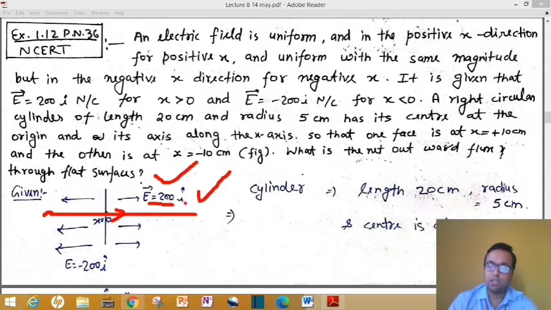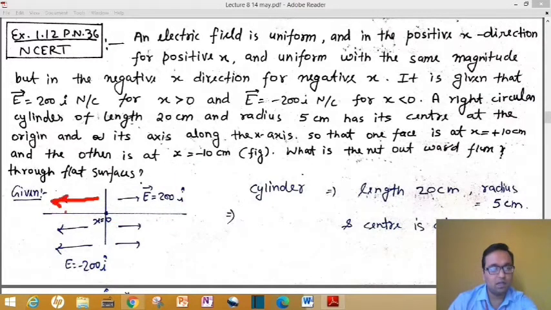The i cap shows just the direction, and 200 means this electric field is constant, and a constant electric field is always shown by these arrows with parallel lines, or you can say the gap is equal. And to the left side this electric field is towards the left only, and that's why we are writing it as minus 200 i, just towards the left of the axis.